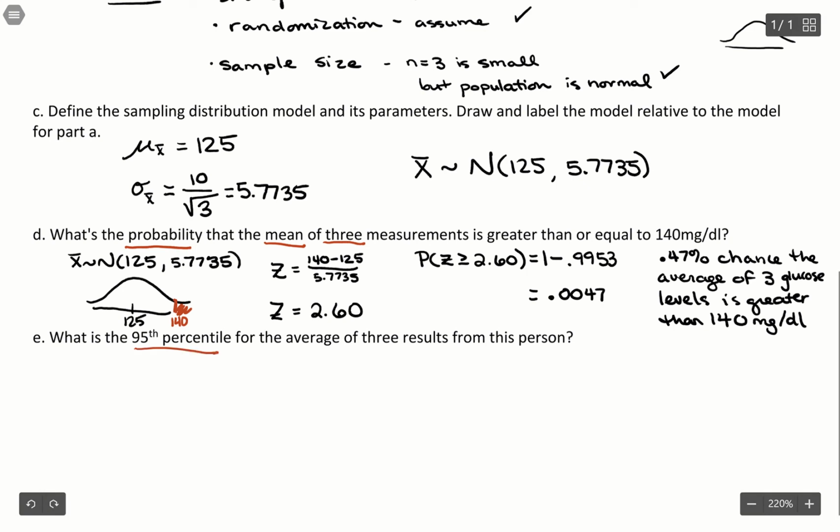So what's the 95th percentile for the average of 3 results? So we can ask about cutoff scores, but again, it's asking about how a mean is behaving with a certain sample size. So with that, we want to use the same distribution for our means.